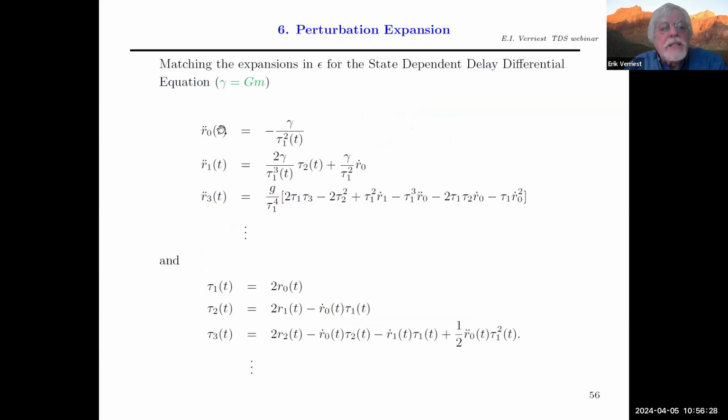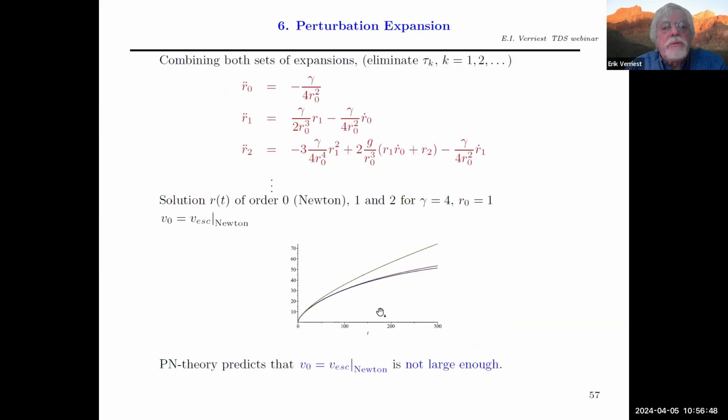You can write the expansion now, the differential equations of the perturbation terms in terms of the delays right here, and then the delay in terms of the positions and their derivatives. If from the two sets of equations you eliminate the delays, we get these coupled differential equations. So this is the zeroth order. That's Newton's equation, essentially.